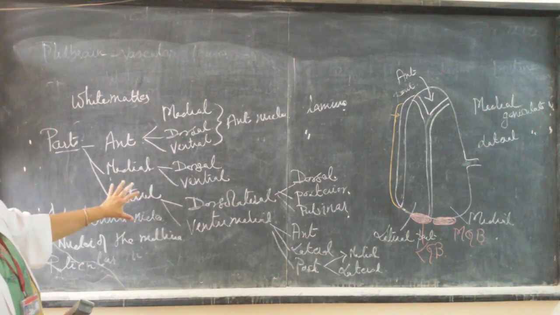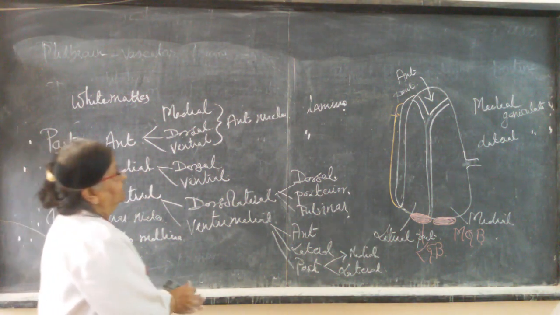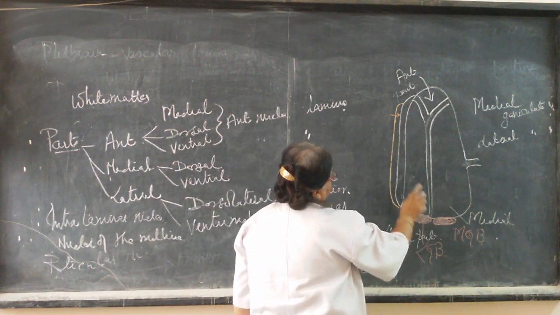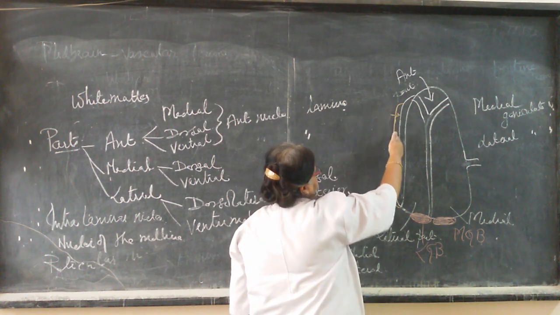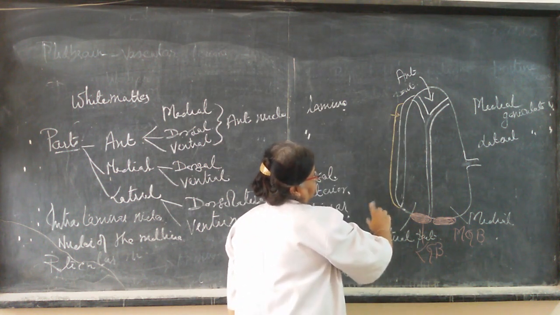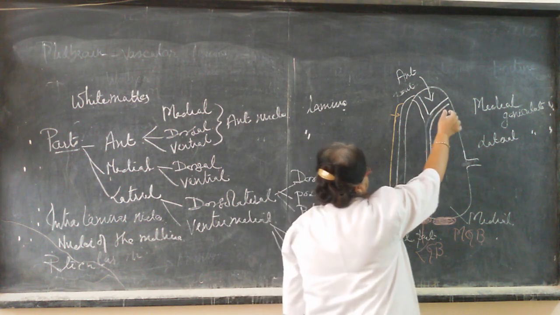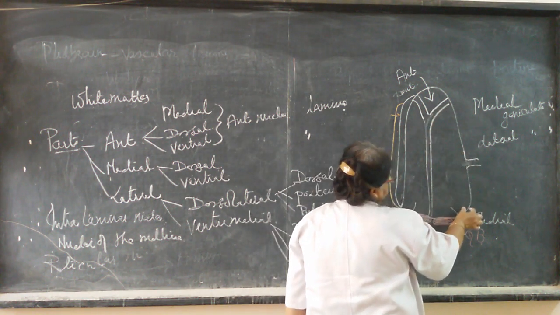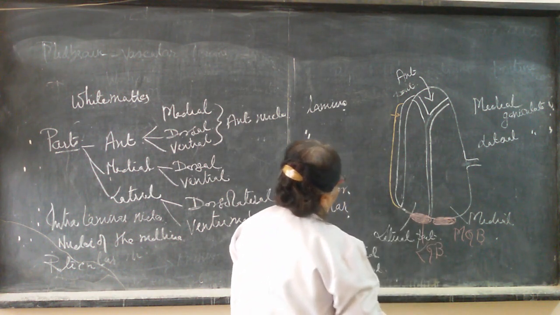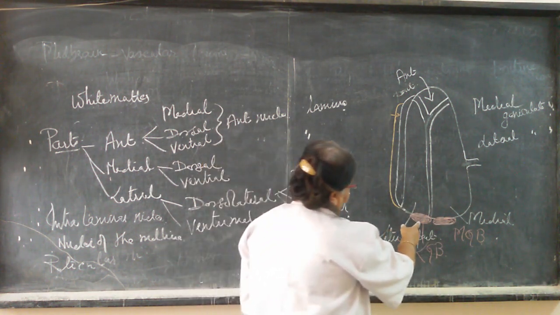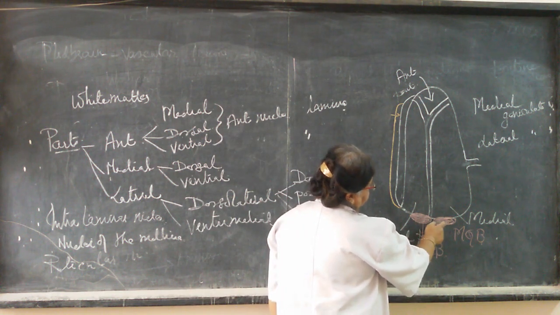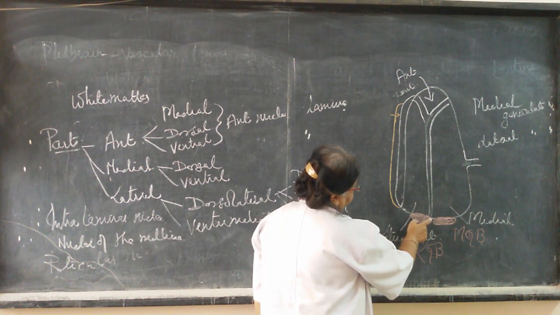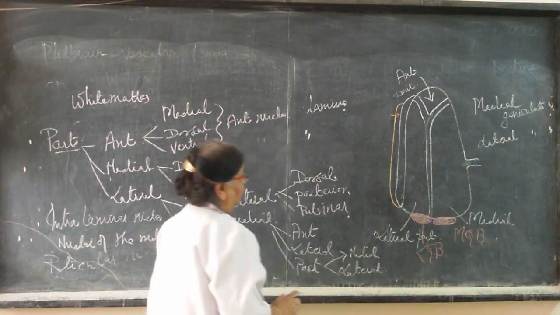Besides these nuclei, we also get the intralaminar nucleus present in the internal medullary lamina. Then we get the reticular nucleus present in this band. Then the nuclei of the midline, the grey mass on the medial surface of the thalamus, and then the medial and lateral geniculate nuclei present in the medial geniculate body and lateral geniculate body.